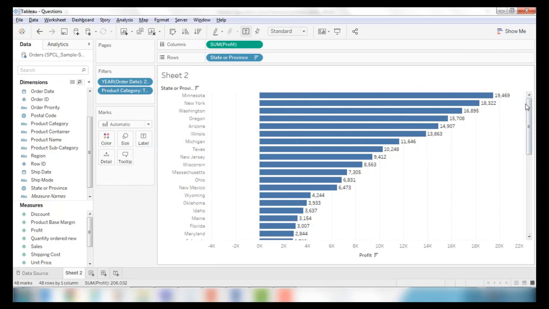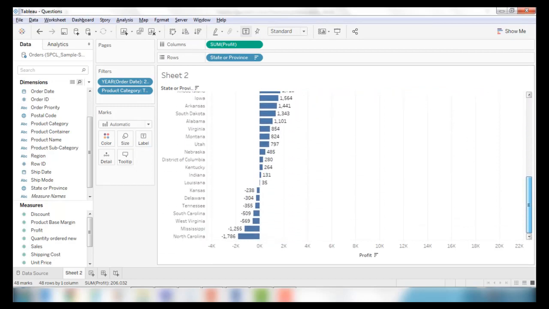If we go down, all those states or provinces having profit value less than 0 are considered as the negative profit earning states or provinces. So technically this is the answer of this question: Kansas, Delaware, Tennessee, South Carolina. So 1, 2, 3, 4, 5, 6, 7. These are the 7 states which are giving the negative profit.